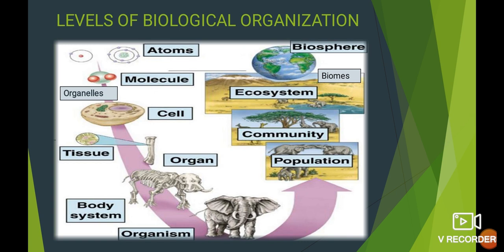Organisms of the same species form a population. Different populations of different species form a community, and different communities form an ecosystem. If we refer to the climate and geographical area of an ecosystem, those are the different biomes, and on a larger scale we have the biosphere.